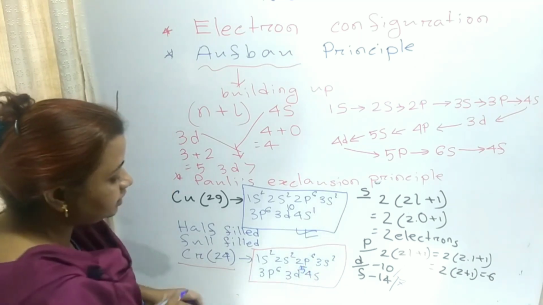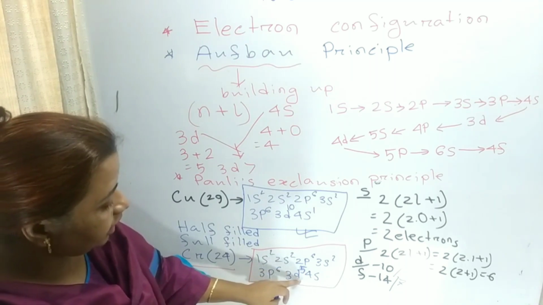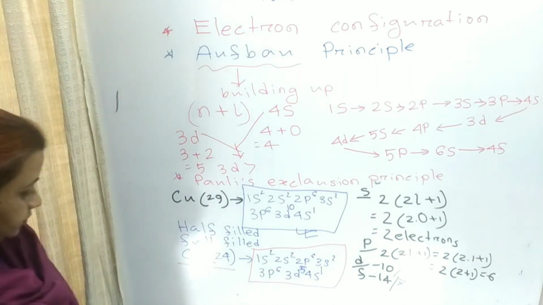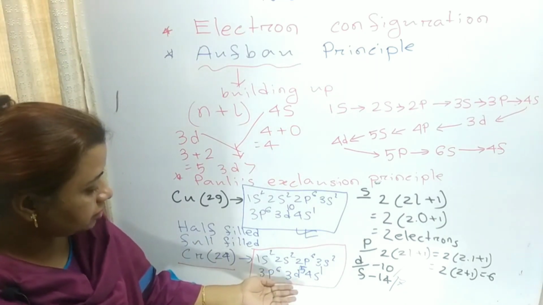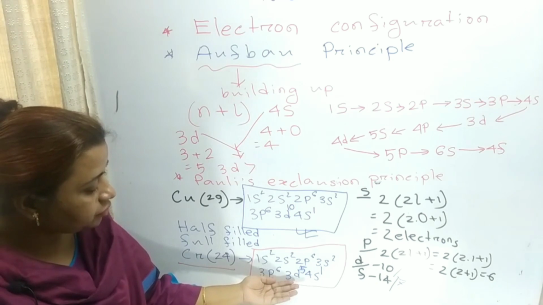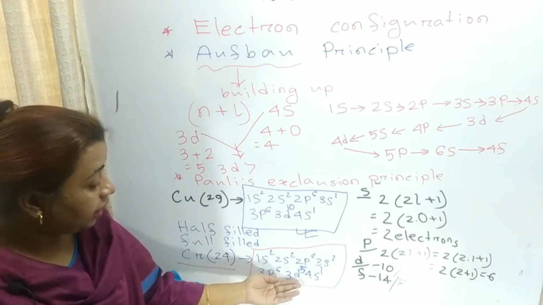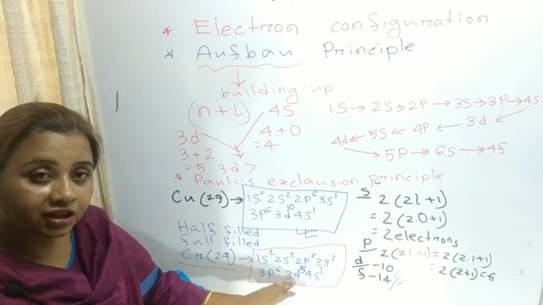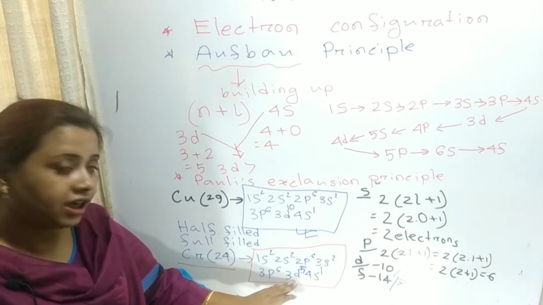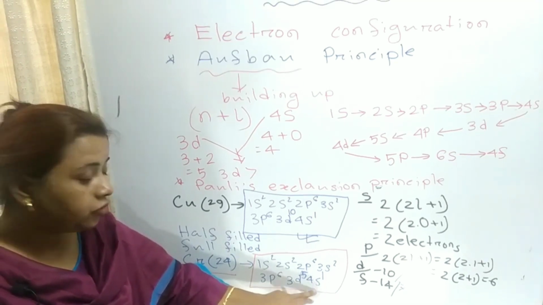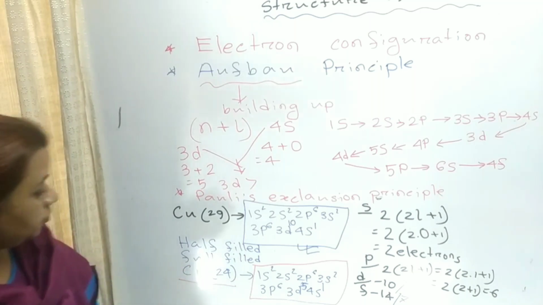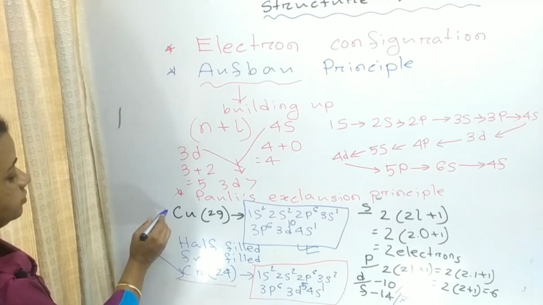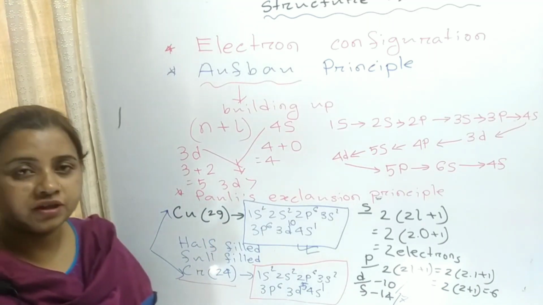Previously there were 4 electrons and now there will be 5, and at 4s there will be 1 electron. According to the general rule, 3d is supposed to have 4 electrons, but for getting stability, for making 3d half filled, the 3d orbital is taking 1 electron from the 4s orbital. In this way, copper and chromium both are showing exceptionality in electron configuration.